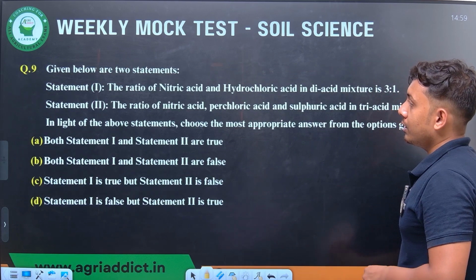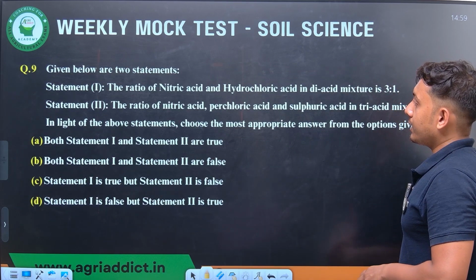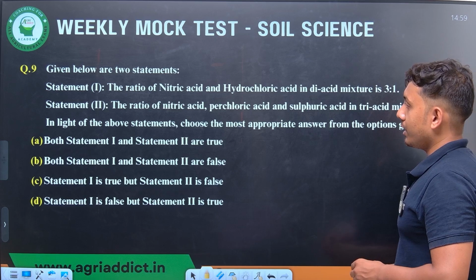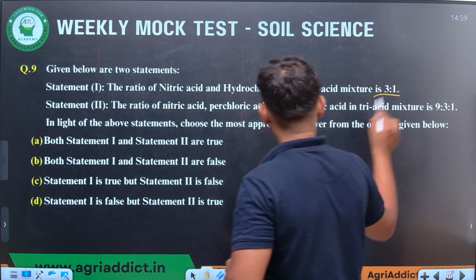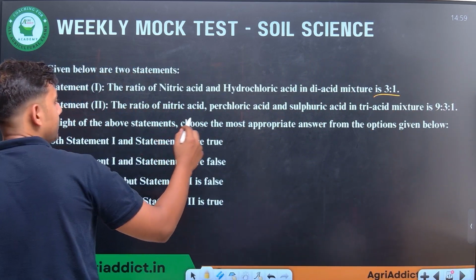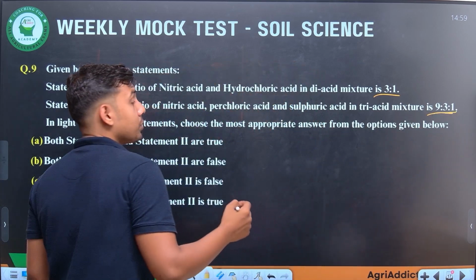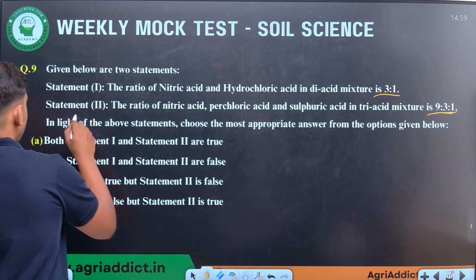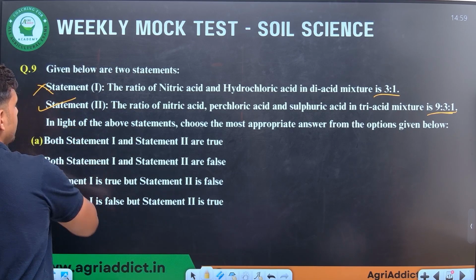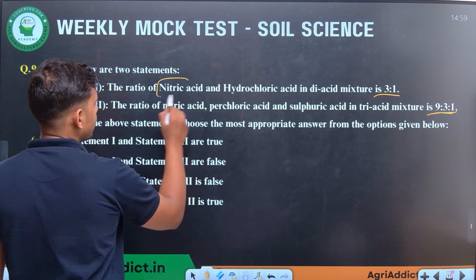So next question. The ratio of nitric acid and hydrochloric acid in diacid mixture is 3:1, and the ratio of nitric acid, perchloric acid and sulfuric acid in triacid mixture is 9:3:1. So statement 2 is correct, but statement 1 is not correct. What is diacid?